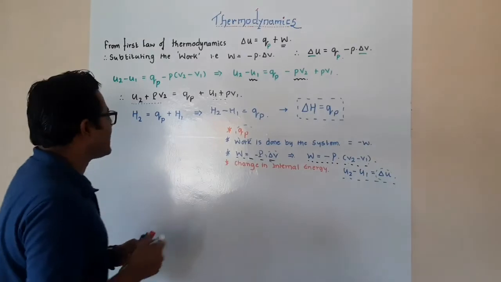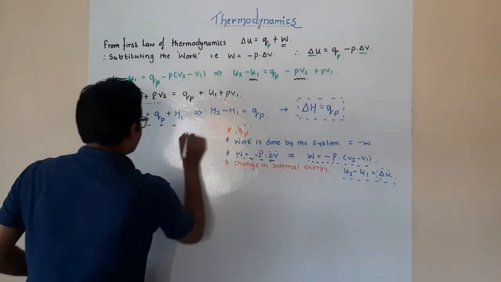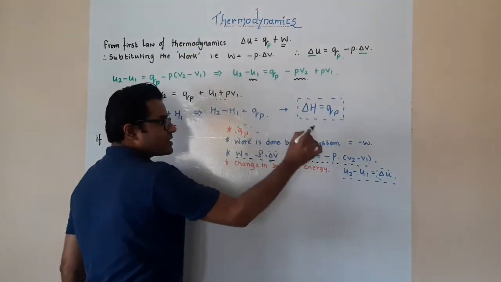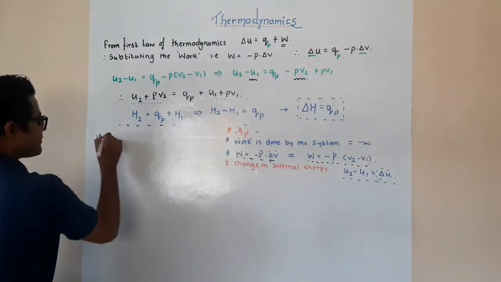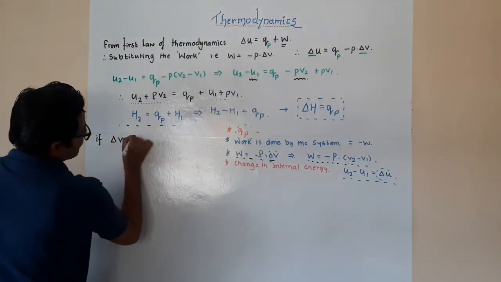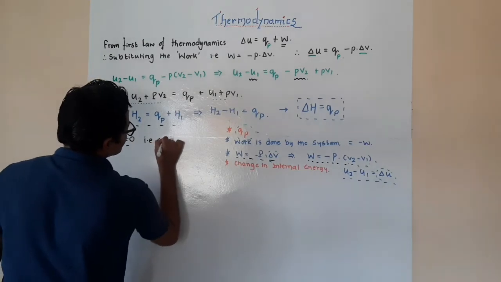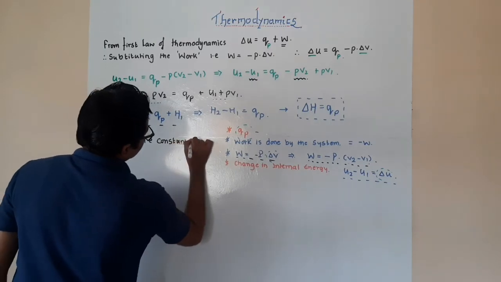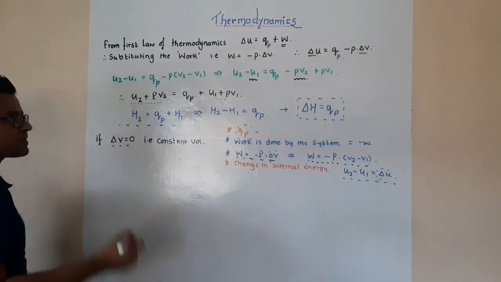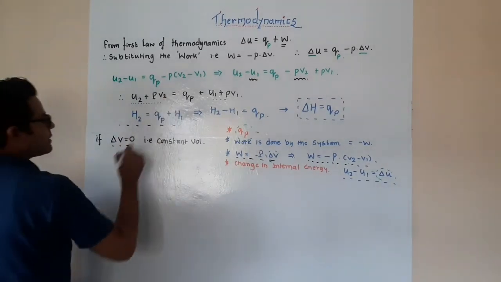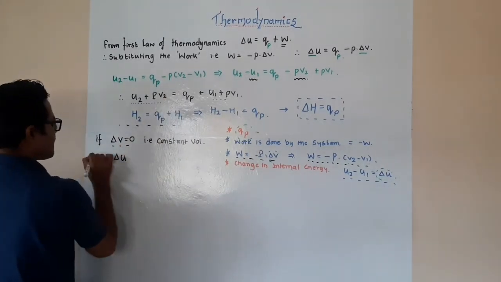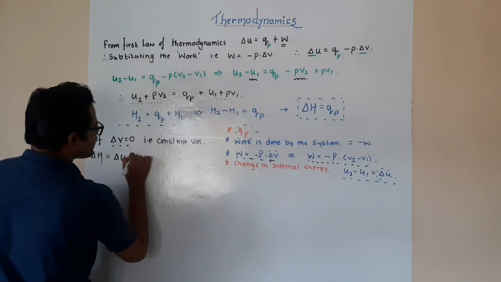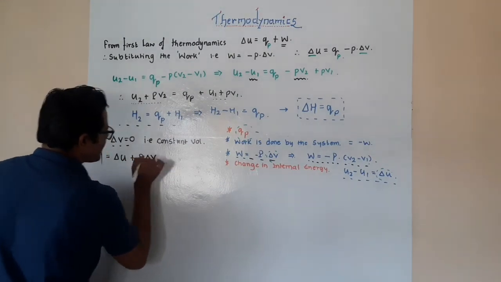Now let's proceed further. If the entire process is at constant volume, the change in volume itself is 0. The change in enthalpy is equal to the change in internal energy plus P delta V, correct?